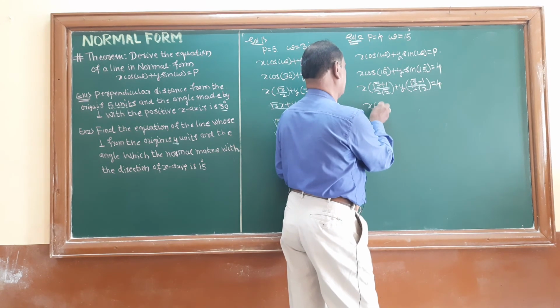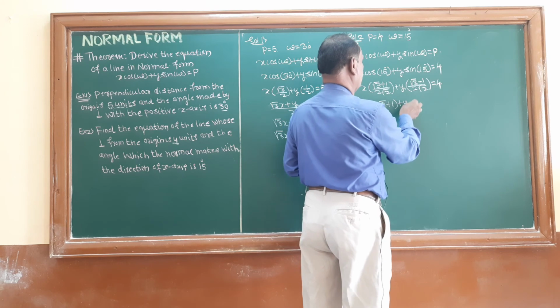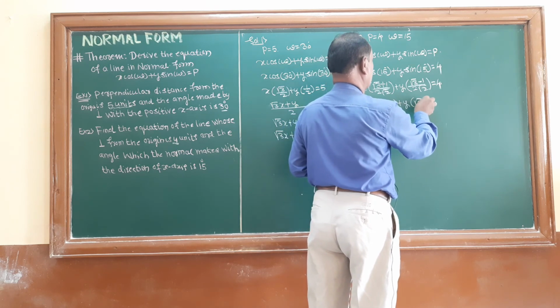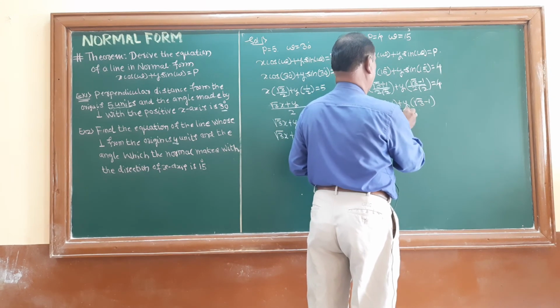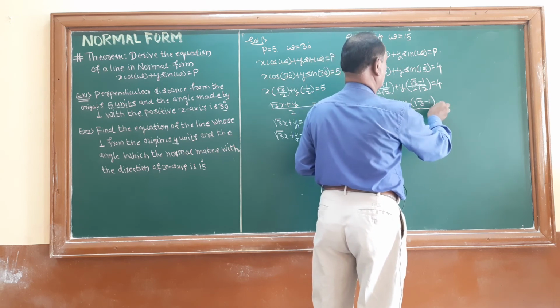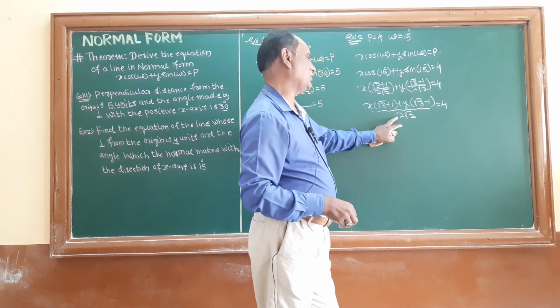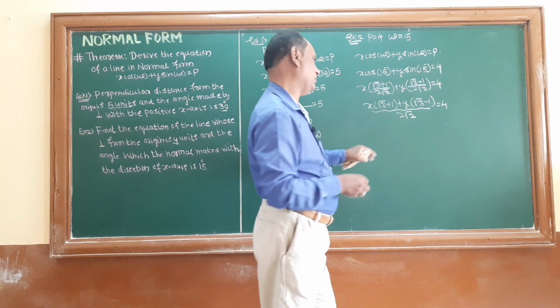Therefore x times root 3 plus 1 plus y times root 3 minus 1, divided by 2 root 2, is equal to 4. At the end, on cross multiplication, multiply 2 root 2 to the other side.